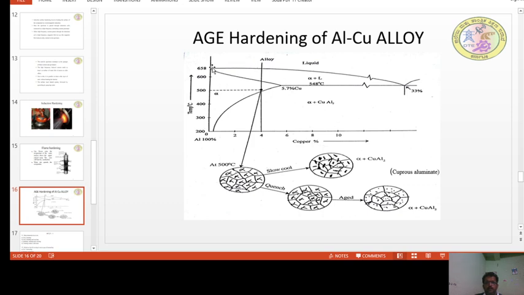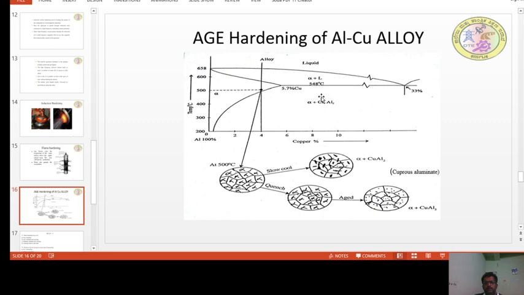Look at here. The outer line is the liquidus, and the state of the metal above this liquidus is liquid, and this line is the solidus.